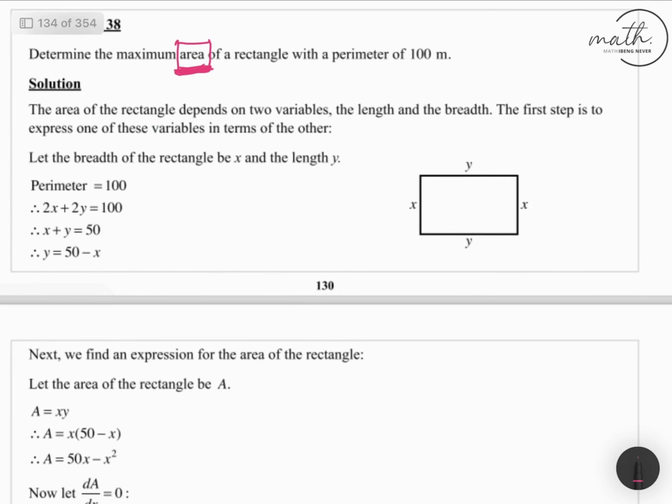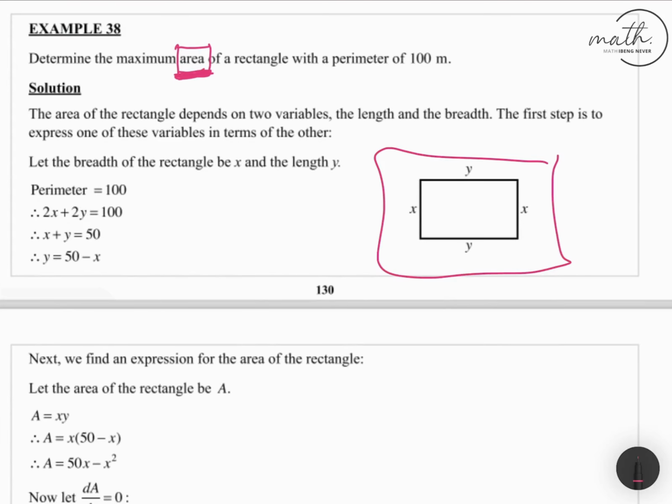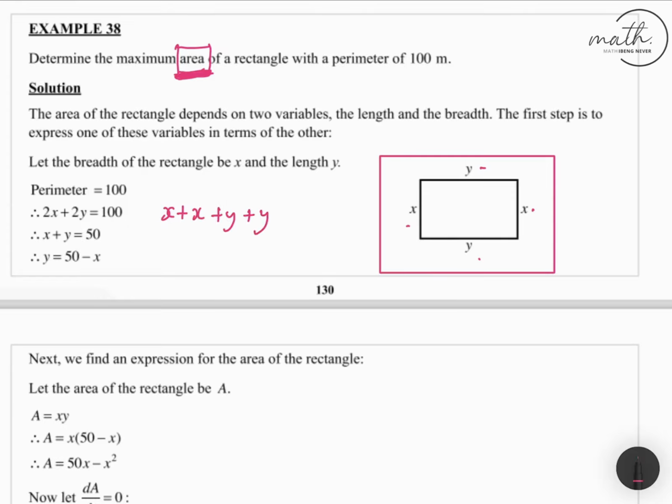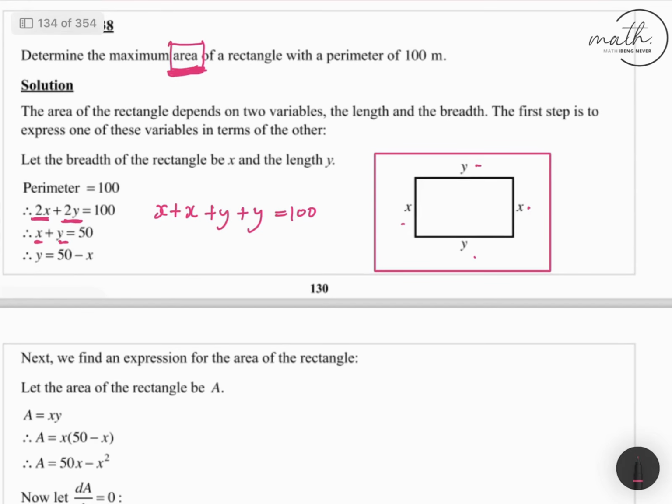In this case, they gave you the perimeter and the sketch. So you just need to remember what area is and what perimeter is in terms of a rectangle. Perimeter means when you add all the sides, you get 100. So if you say x plus y plus y, you're going to get 100. That's perimeter. If you simplify, it gives you 2x plus 2y equals 100. Divide by 2 on both sides, and you get that x plus y equals 50.